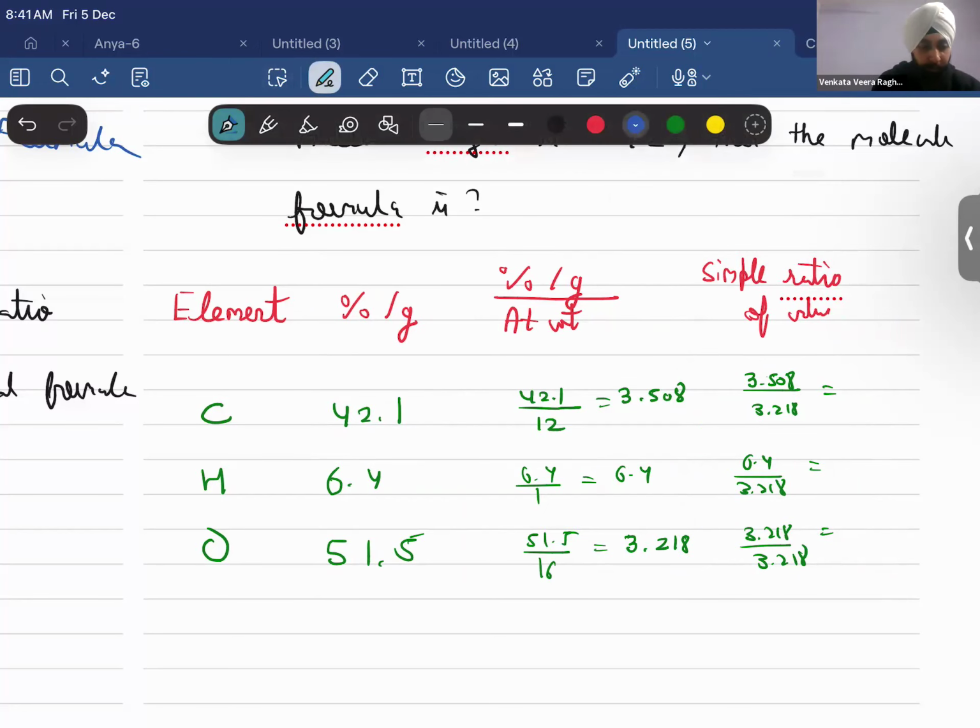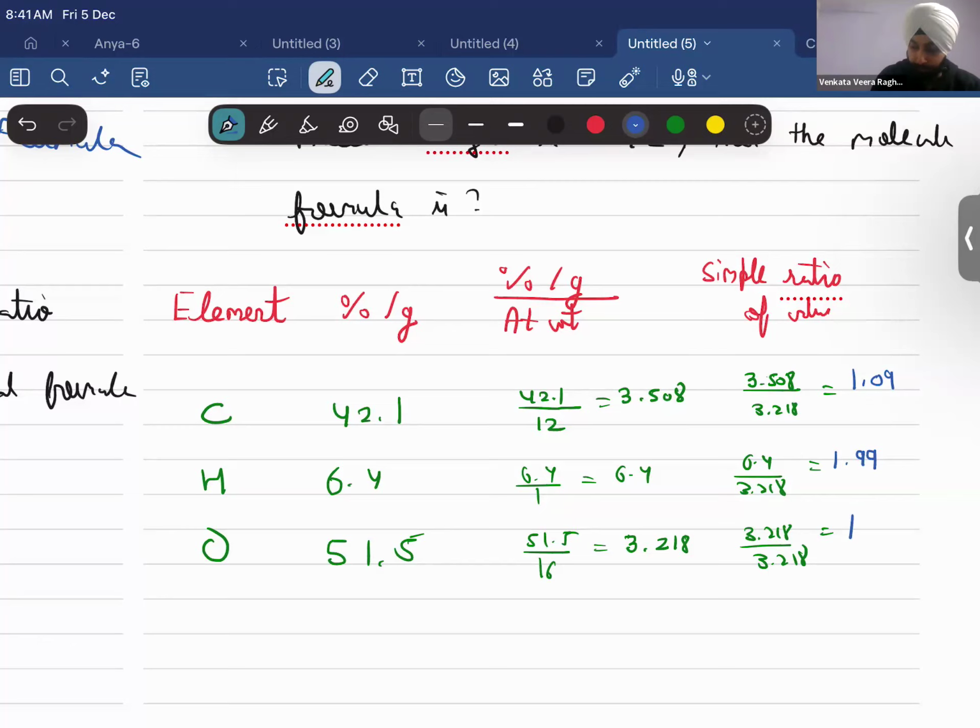The first one is 1.09. The second one is 1.988, which means I can write 1.99. Then 3.218 by 3.218 is 1.